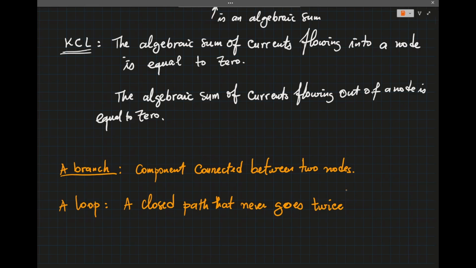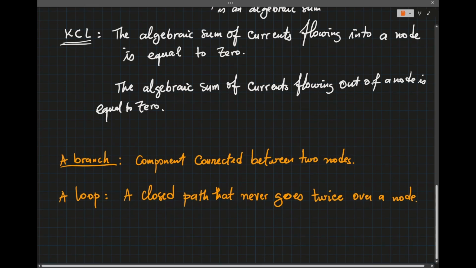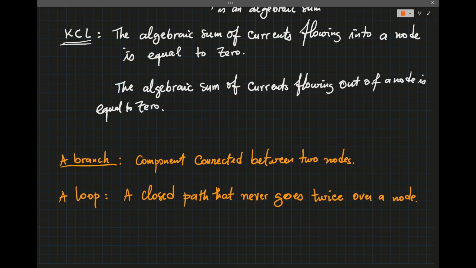It never goes twice over a node. So you cannot have a loop that goes twice over the same node.